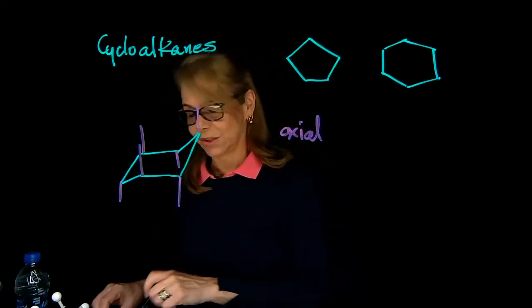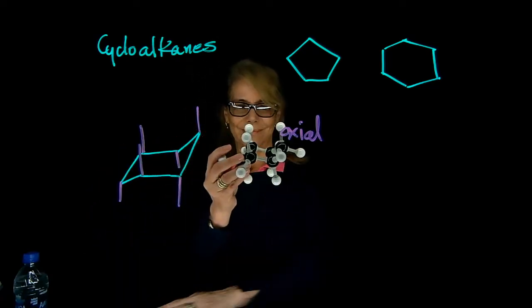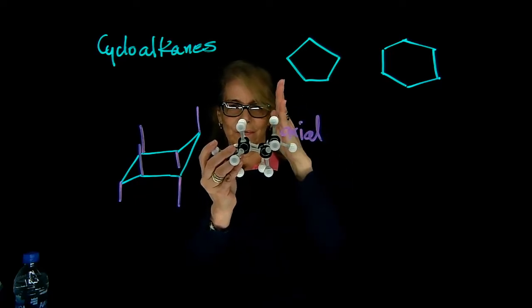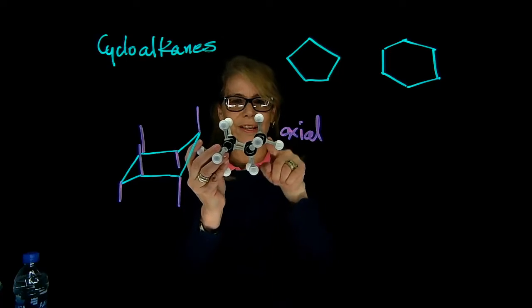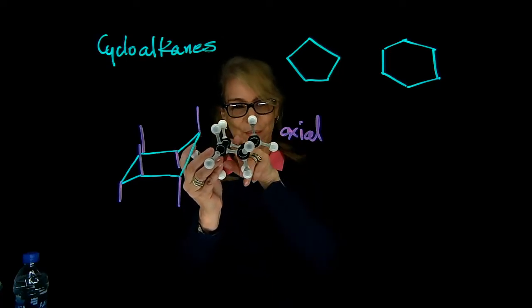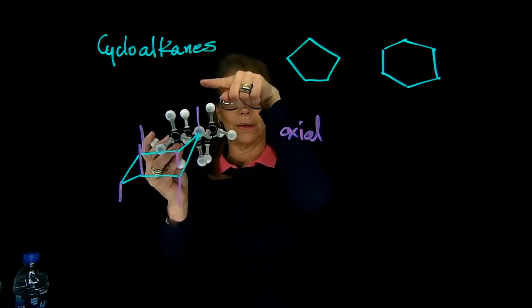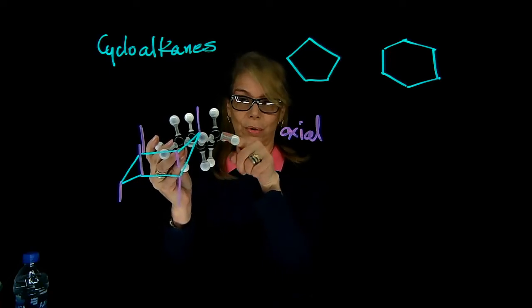Now, other positions in this chair, again, let me go back to the model. These are the axials, sticking here vertical relative to this plane. And there are also other positions that are kind of tilted with respect to that. And where you have the axial up, so this one here, you have an equatorial position. So the other positions are called equatorial.